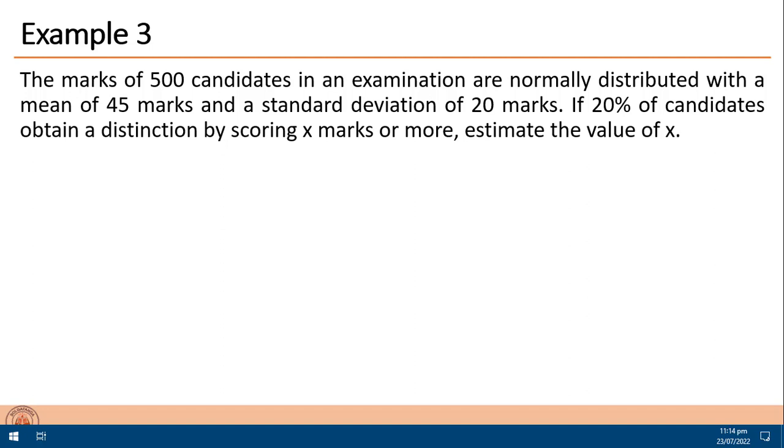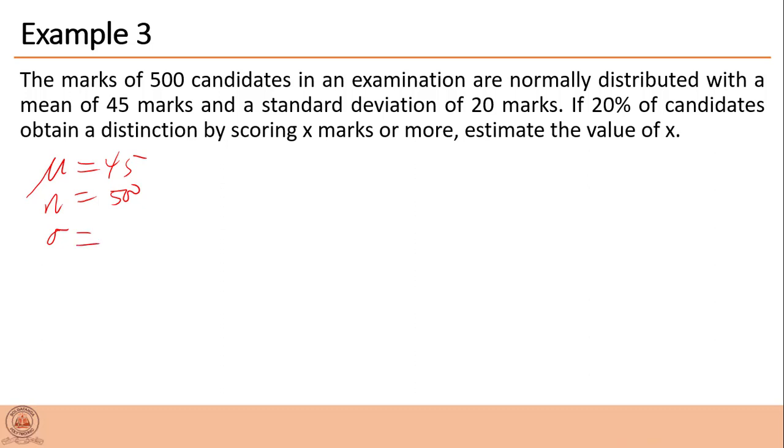So let's get our parameters. Our mean is 45. Our sample size is 500, and then the sigma value, that's the standard deviation, is equal to 20.